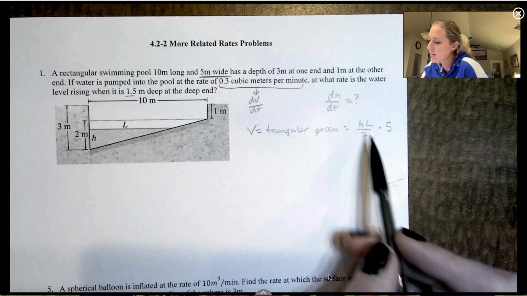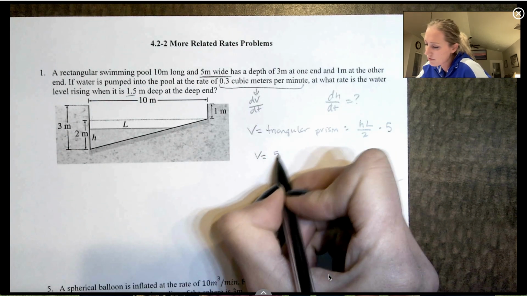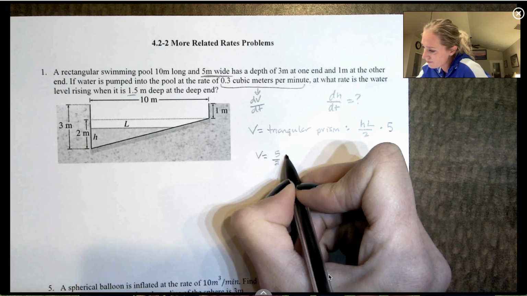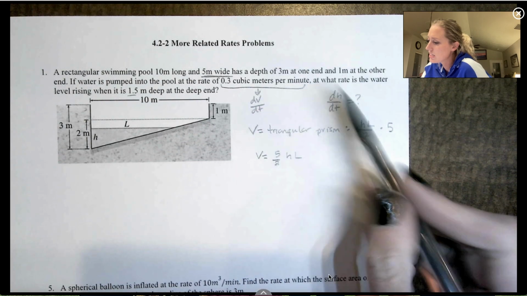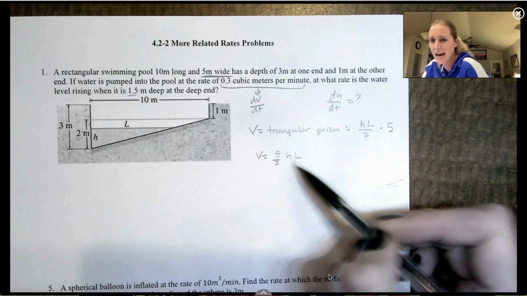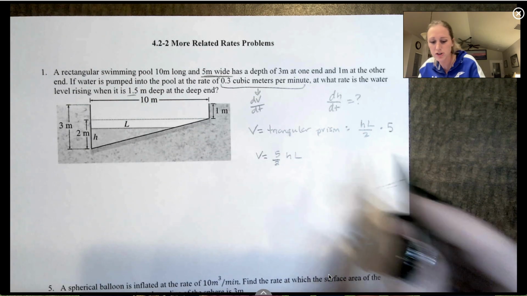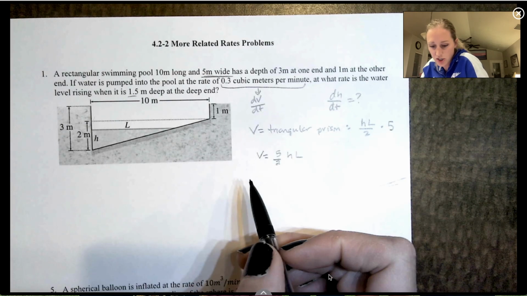So again, if I think about the variables, I've got 5 halves HL. So I have dV/dt, I'm looking for dH/dt. We don't really have anything in terms of L, so it'd be nice to not have the L in my equation before I find the derivative. So let's look at the L and H I do have to start.